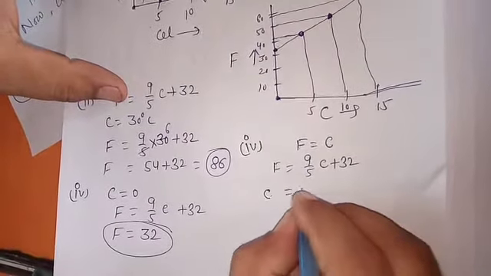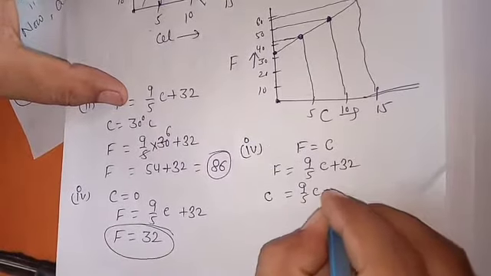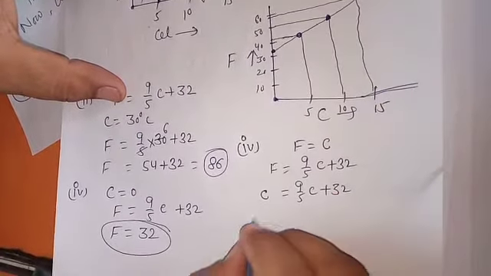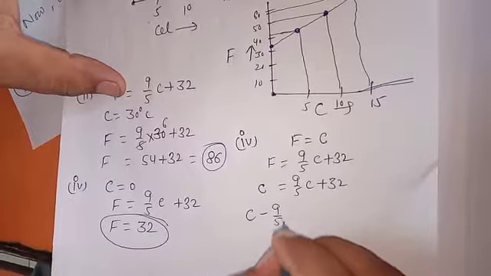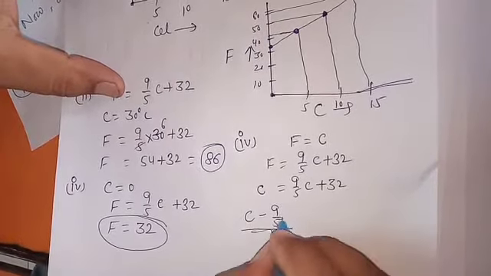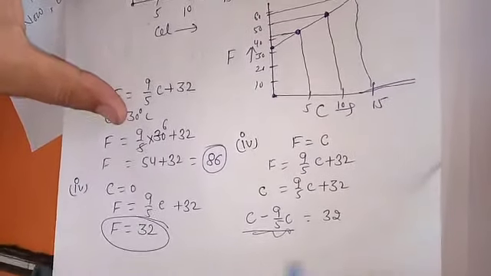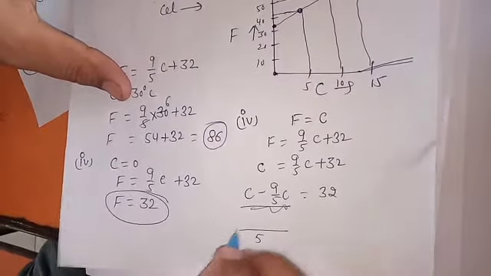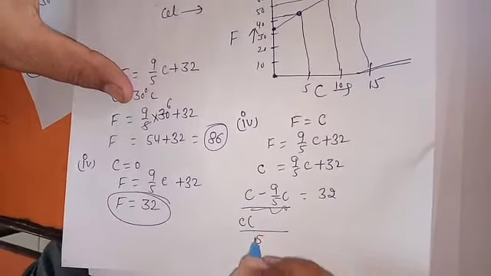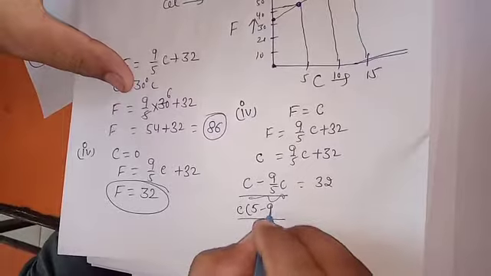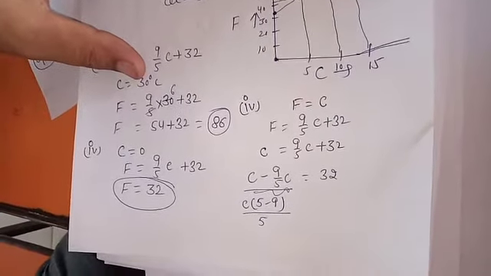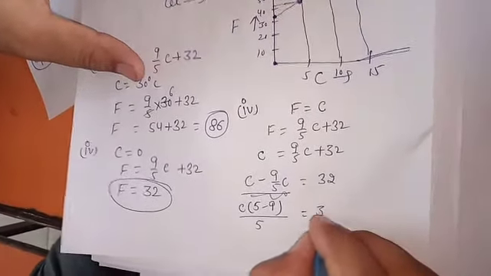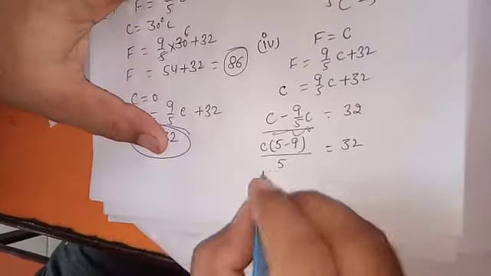C equal to 9 by 5 C plus 32. Bring in this side C minus 9 by 5 C equal to 32. What's your LCM? 5 is your LCM, C is outside. It means 5 minus 9 is equal to 32.